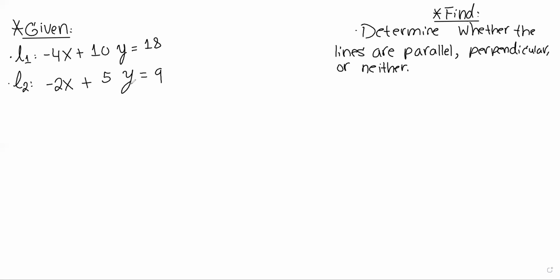Or I can check if one of these equations is a multiple of the other. So just by observation, it looks like if I were to multiply equation 2 or line 2 by a factor of 2, I would achieve equation 1.